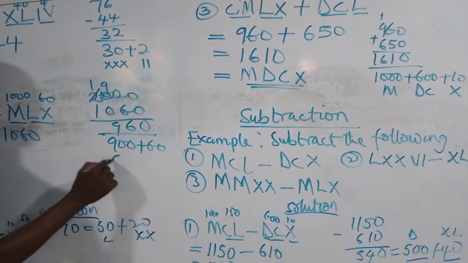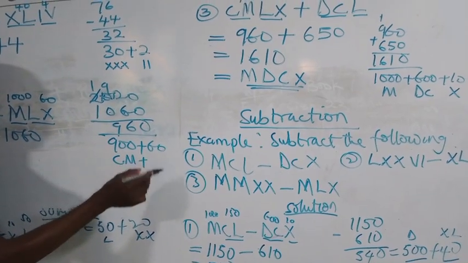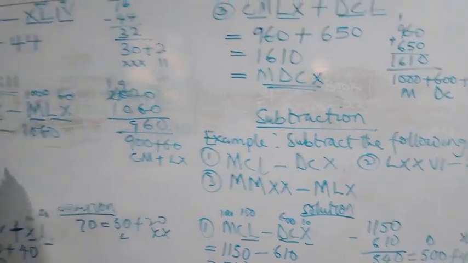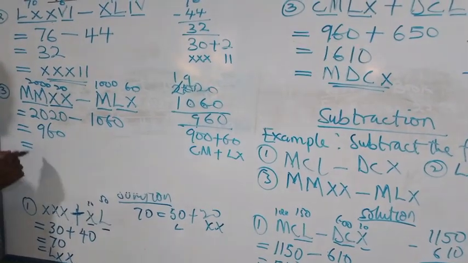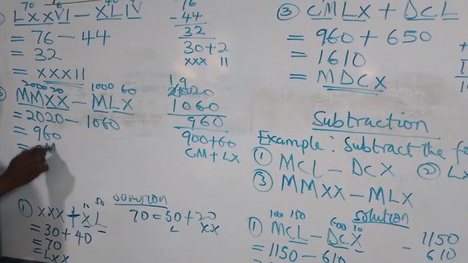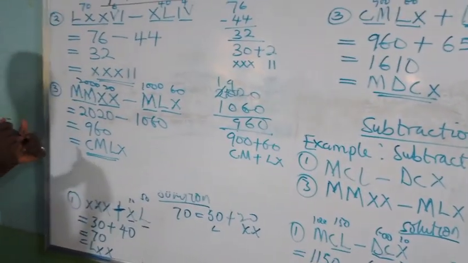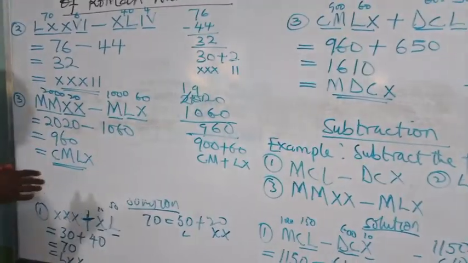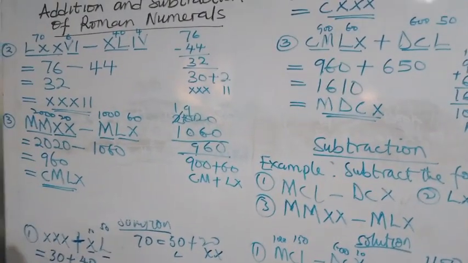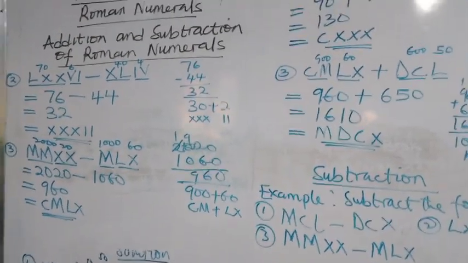And 900 is CM plus 60 is LX. So when we join them together, we have CMLX. So this is how to add and subtract in Roman numeral.